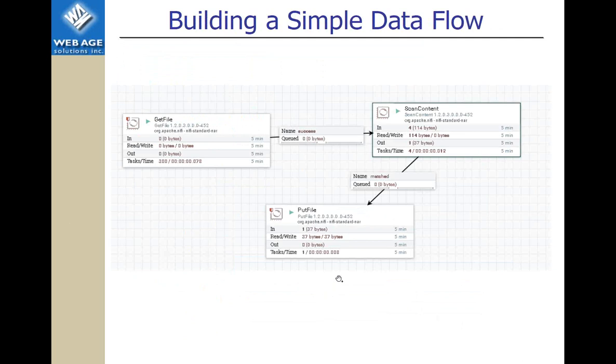A simple data flow is built by dragging the processor icon, selecting the processor types you're interested in, and connecting them with links. You connect the output of the previous processor in the chain to the ingress point on the next. Essentially, we've got three processors, and the final one would be the final node in your activity diagram, if you will.